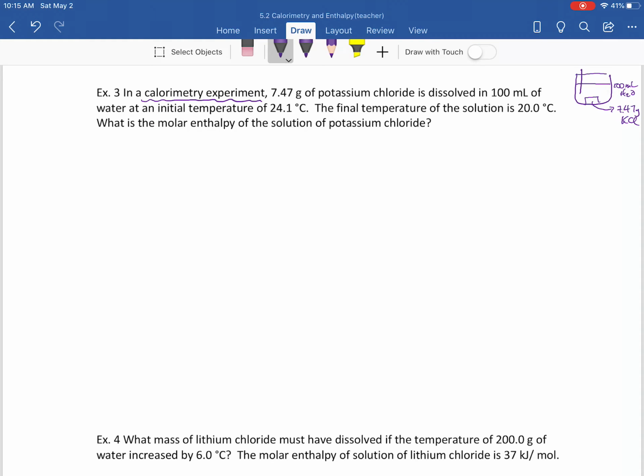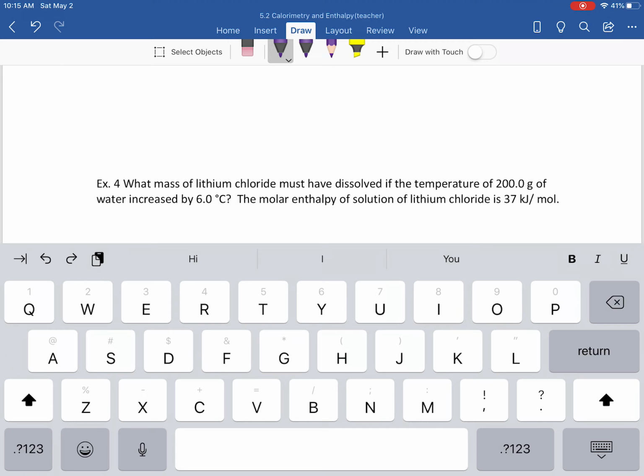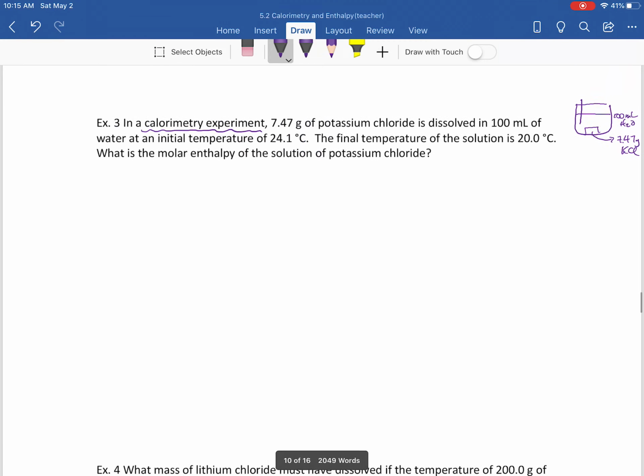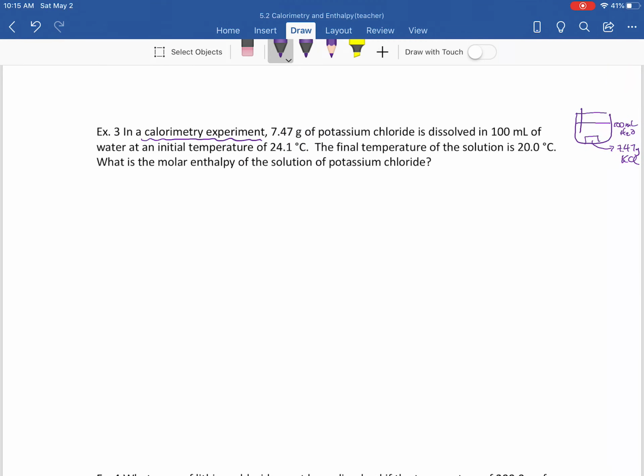We stick in our thermometer. Originally the water was 24.1 degrees Celsius. The final temperature of the water is 20 degrees Celsius. So the water got cooler.